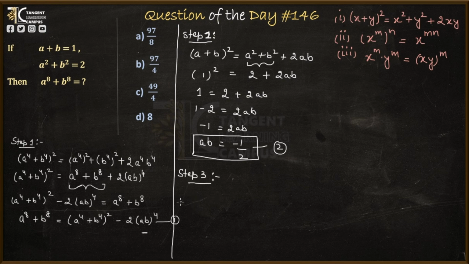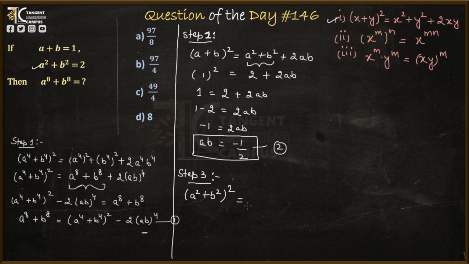So in step 3, we can use this second equation here. We can square this, (A² + B²) whole to the power 2. Again we can apply the first formula here.